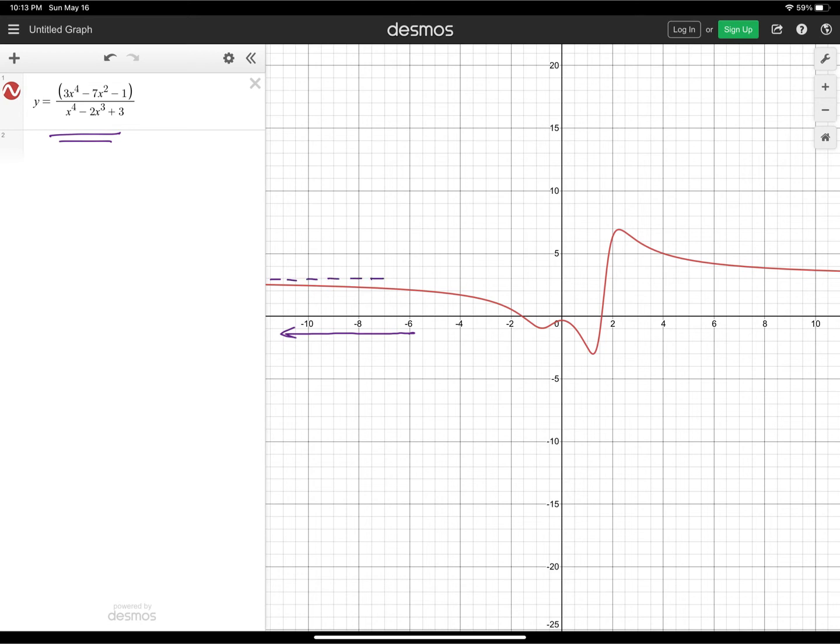That's the line y equals 3. If you trace it all the way over here, you'll see it crosses at 3. And it never crosses that line. And so what we can say is that y equals 3 is a horizontal asymptote.